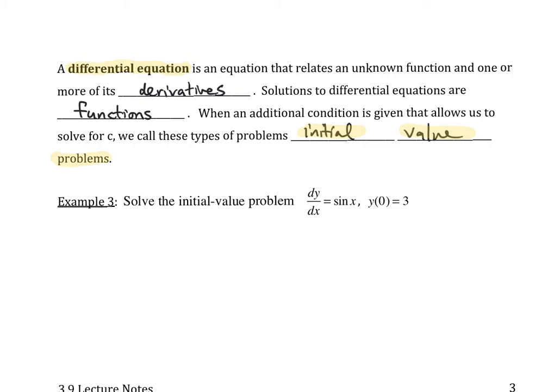Because our equation involves derivatives, the solutions to a differential equation are not just a single function, we're going to get a whole family of functions. But if they give us some initial value or initial condition, then we can actually solve for what C is. I'm going to do an example so that you can see what I'm talking about.